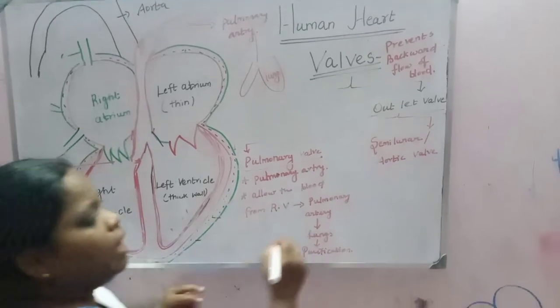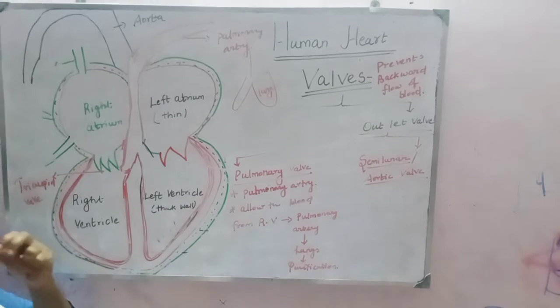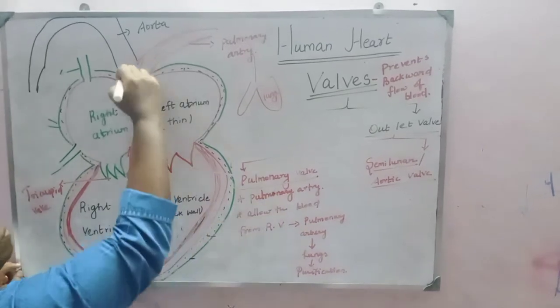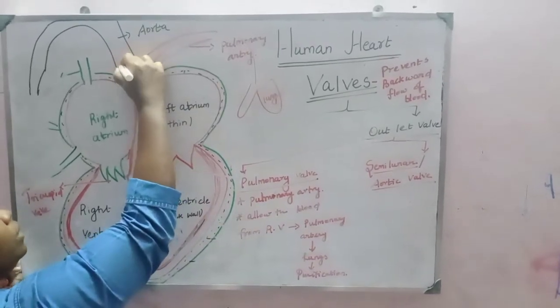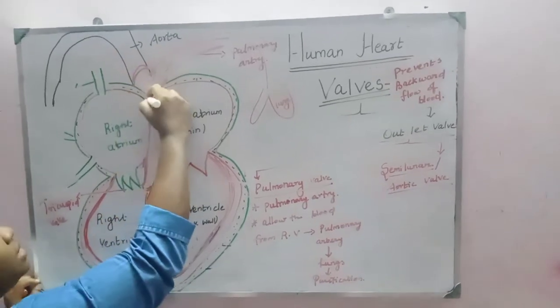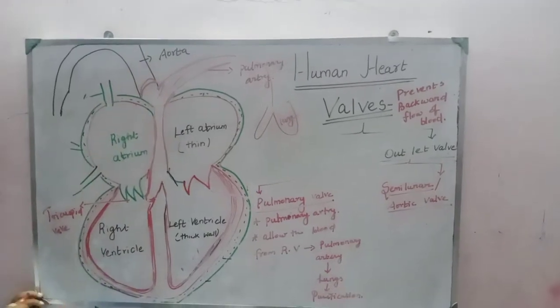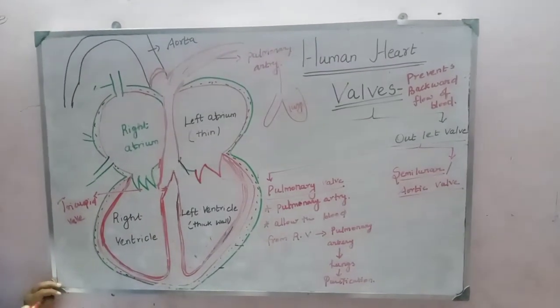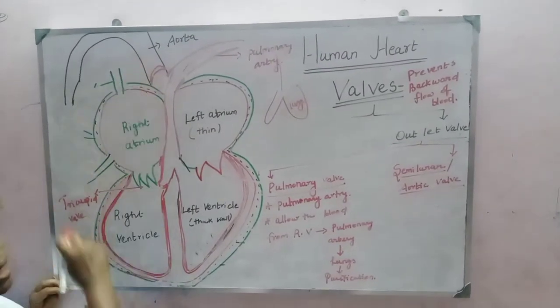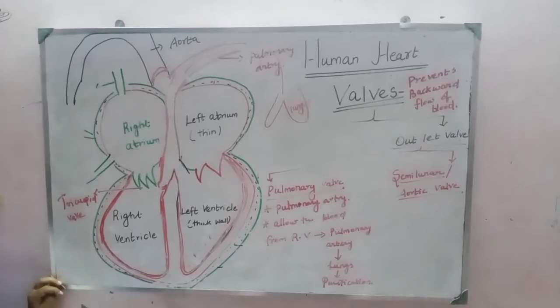The second valve is called the semilunar valve or aortic valve. The semilunar valve is present in the aorta. Already we discussed that the aorta is the biggest blood vessel in our body, right? In this aorta, there is a semilunar shaped valve, called the aortic valve or semilunar valve.